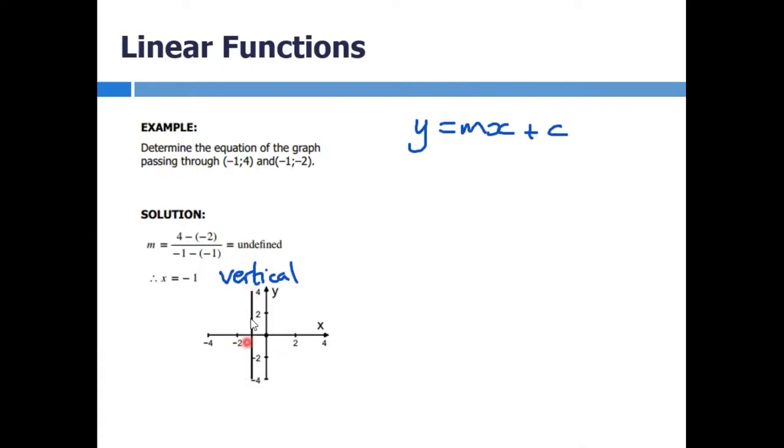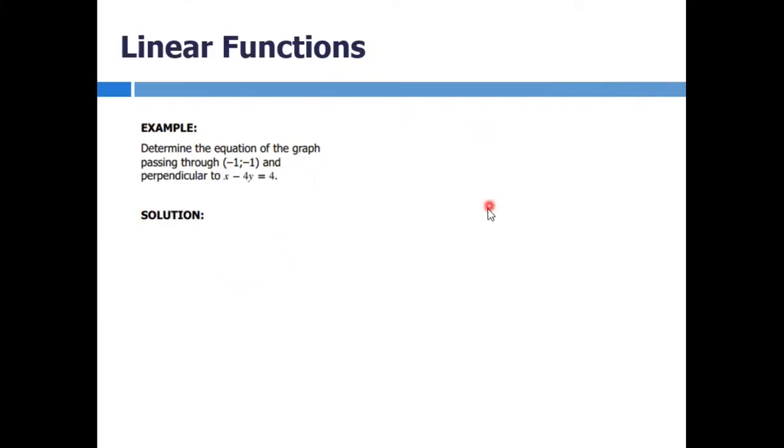So vertical line, your y value will always change, but your x value always stays the same. It doesn't matter where I go to on that line, the x value will stay the same. So the equation of a vertical line does not look like y equals mx plus c. You'll find the gradient is actually undefined. Okay, and it's just going to be x equal to a number.